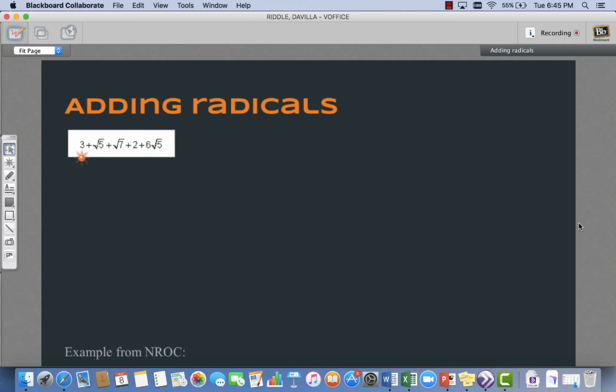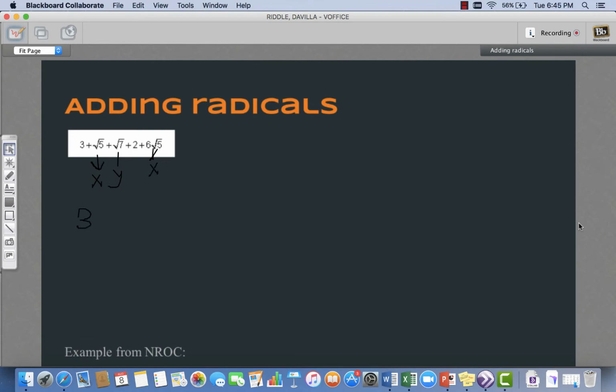Imagine this like they're different kinds of terms. A radical 5 and a radical 7 are not the same term. But a radical 5 and a 6 radical 5 are the same term. If you'd like as well, you can also treat it like it's an x, y, or something else. This is like a 6x right here, and this is just an x.